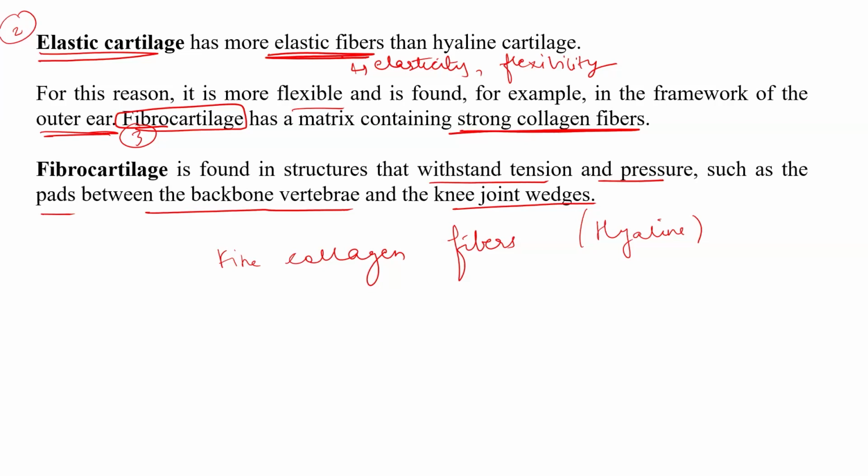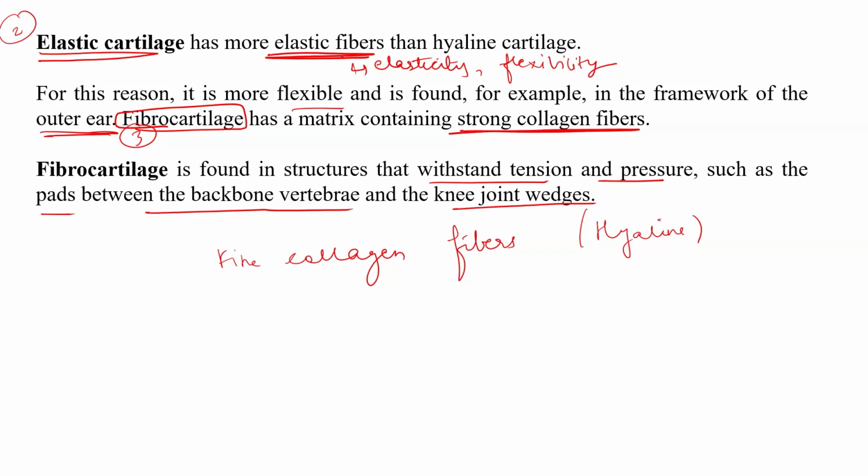So just by remembering the properties of the fibers, by remembering the composition of different types of fibers, it will be easy for you to understand the location as well. Because wherever we need the elasticity, like as I mentioned in the outer ear, which is highly elastic.